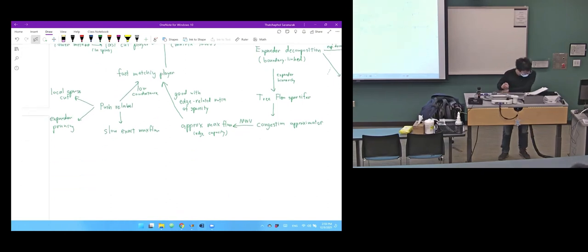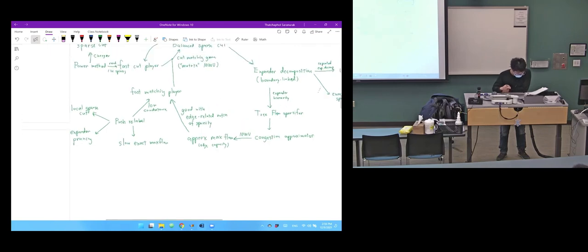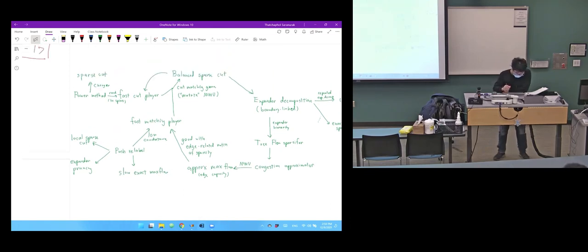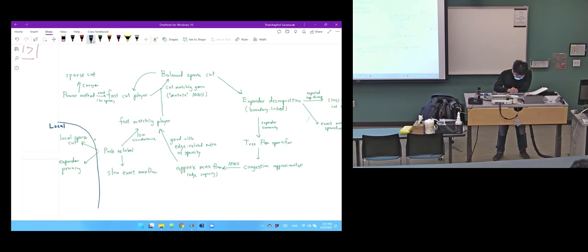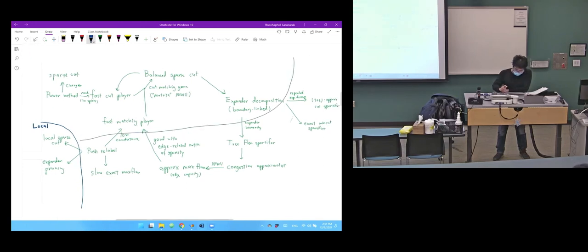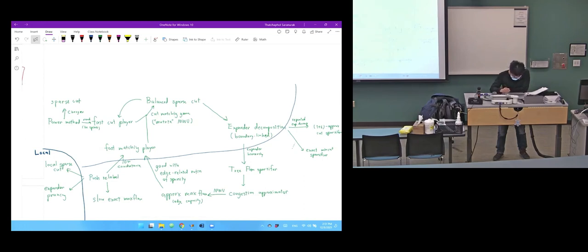And let's see more. This is going to be something about the local thing, and this is going to be something about the sparse cut thing.